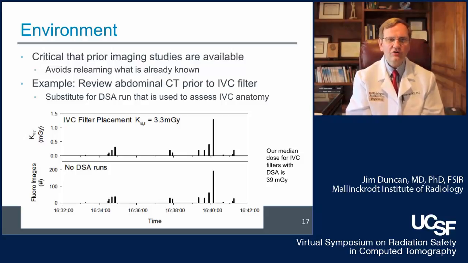And then there's a longer acquisition at 1640, which is the actual deployment of the filter. So there's a continuous monitoring while the deployment sheath is being retracted to deploy the filter. And finally, a final couple of fluoro frames assessing filter position prior to removing catheters.